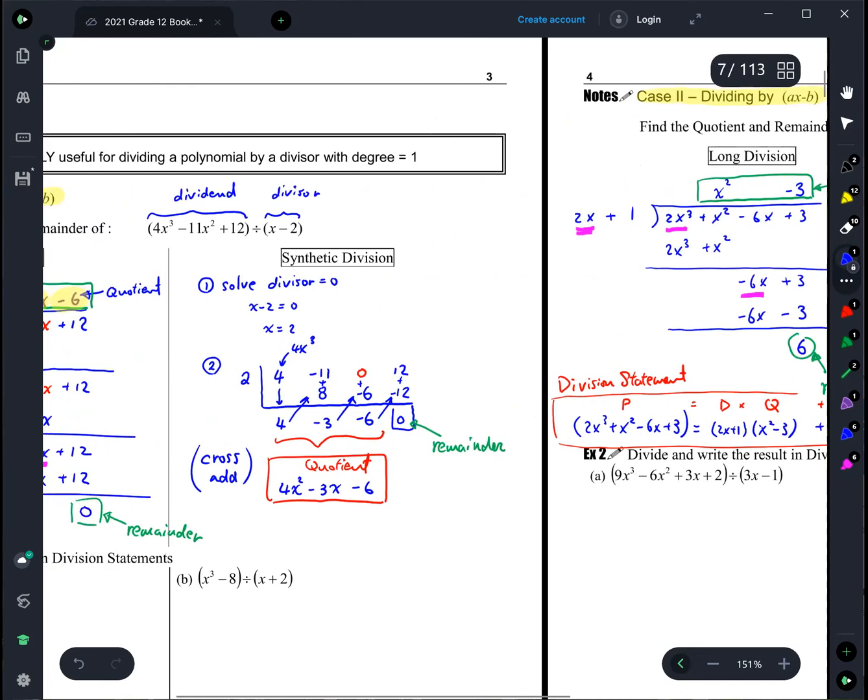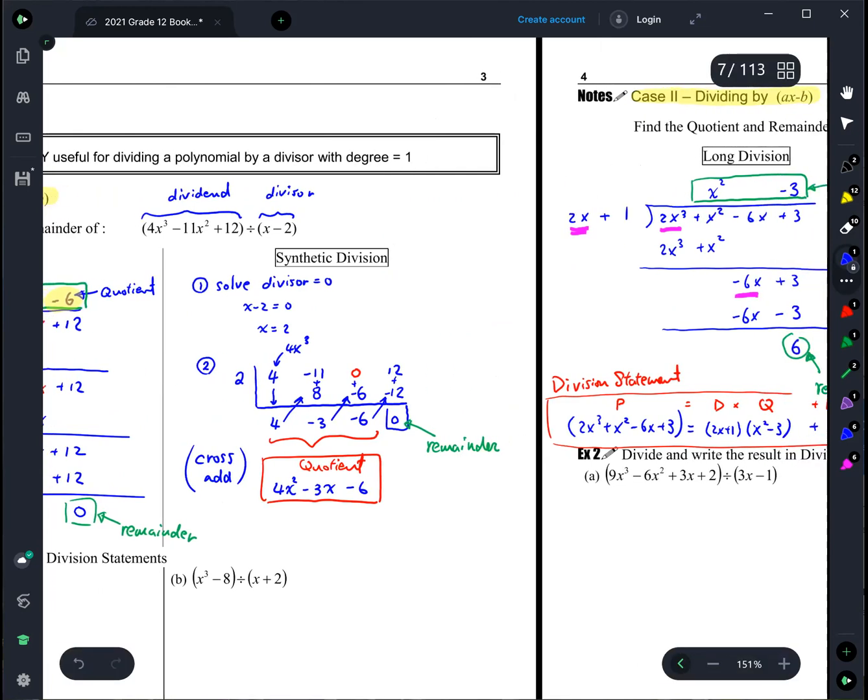If you look at outside the box, step 2, if you look at the last page, after you solve divisor equal to 2, you will put the 2 on the outside. That 2 tells you the divisor is x minus 2.